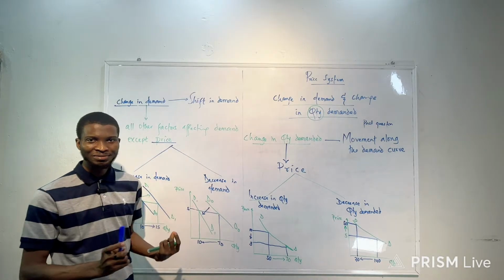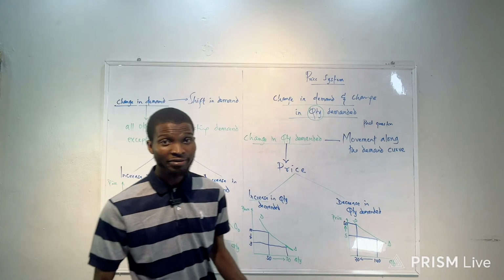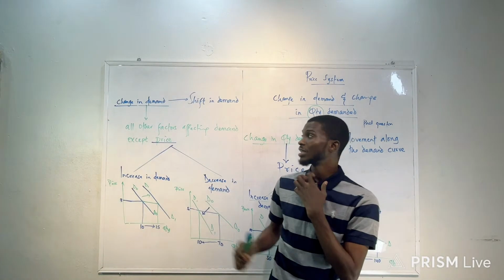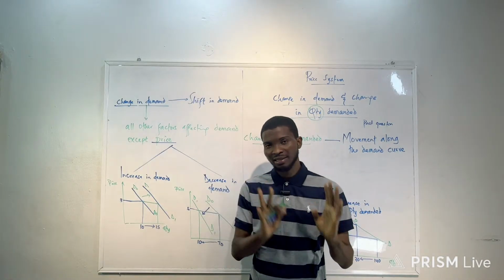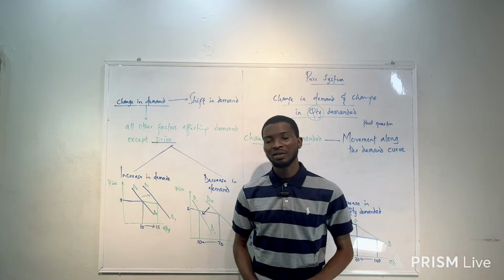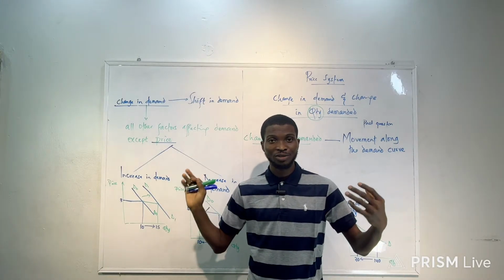Have I explained both of them to your understanding? I so much believe that I have, because everything I've done so far speaks to anything you need to know regarding your JAM practice. This is just demand and supply 2.